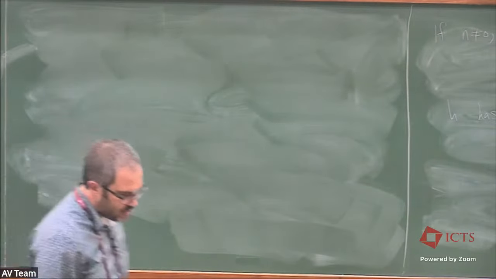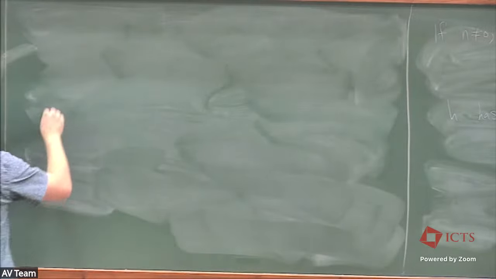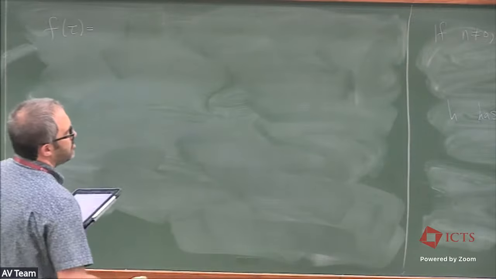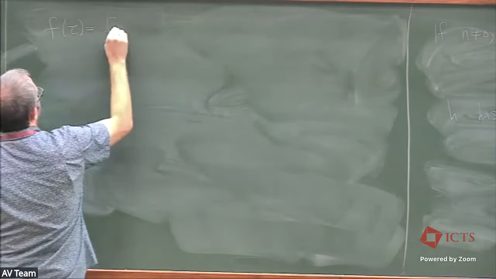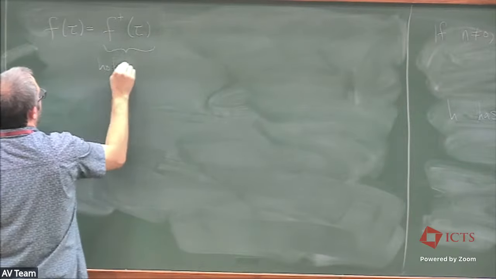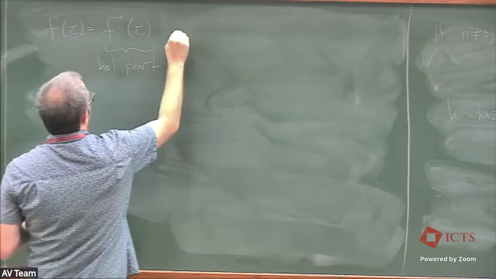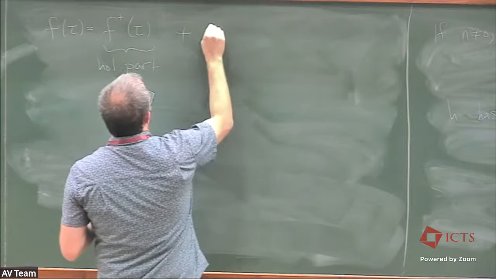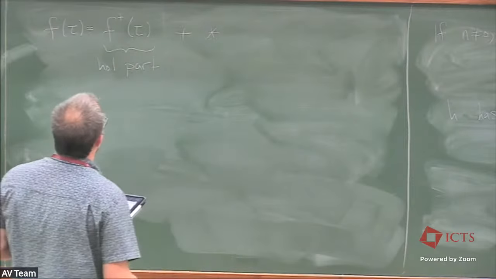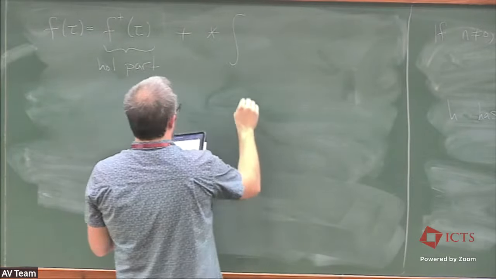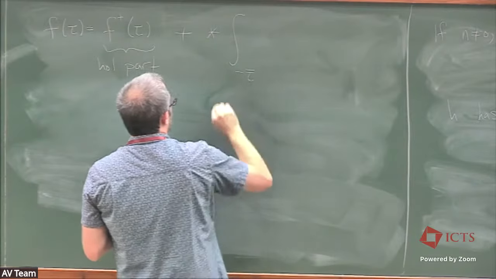Let me say one thing about the shadow. We can take the holomorphic part of f, and I'll just call that f^+. We can write this, with a star here for some constant that I'm not going to write down, like an Eichler integral, if you're familiar with that.